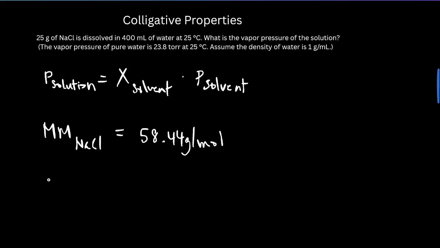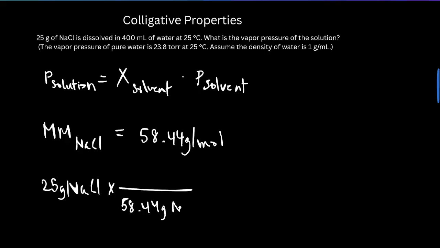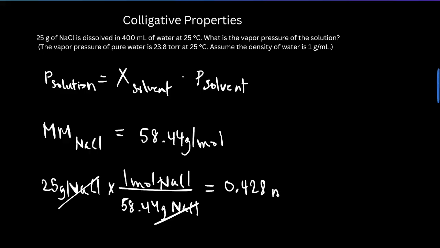So now we know that we have 25 grams of NaCl, and the molar mass, 58.44 grams of NaCl per 1 mole of NaCl. Canceling that out gives us an answer of 0.428 moles of NaCl. Let's keep that number in mind for a moment.